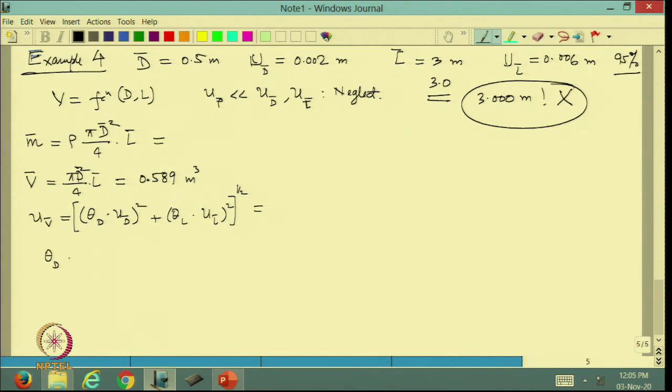So, theta d is dV by dd at constant L. We can differentiate this, and this becomes pi d L upon 2, and we evaluate the value by putting d bar and L bar in this expression, and this becomes 2.3559 meter square.